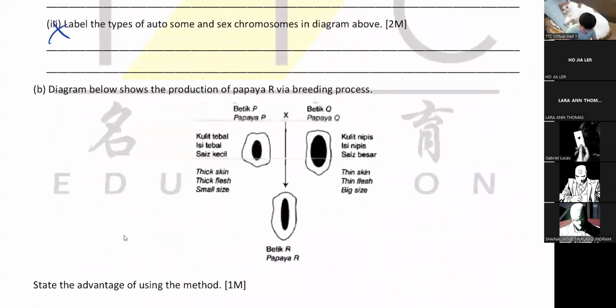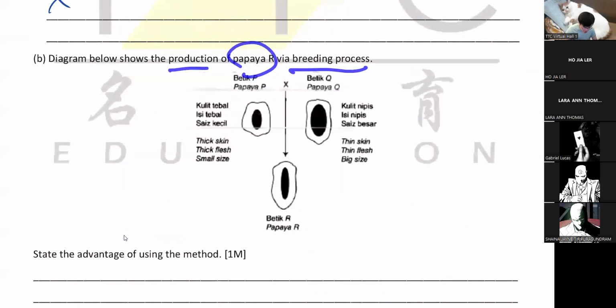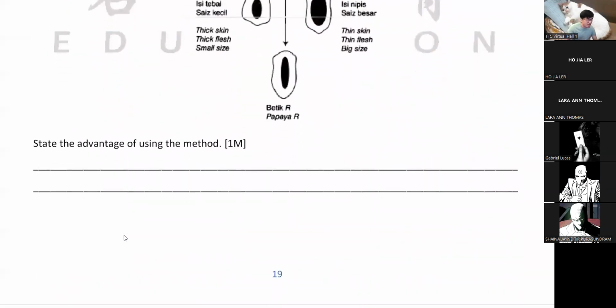All right, so B, production of papaya R via breeding process. When you cross papaya R and papaya Q, you will get a better breed, papaya R. This is what we call cross breeding or selective breeding. This is how they get different types of durian.